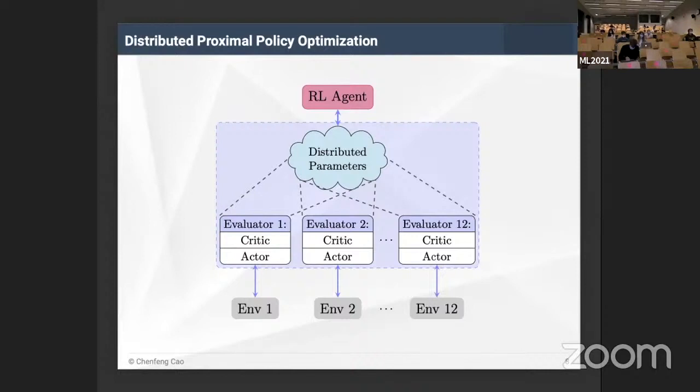We have 12 evaluators, so 24 neural networks. The actor network computes the policy and outputs the action. The critic network will assess whether or not it's a good action.